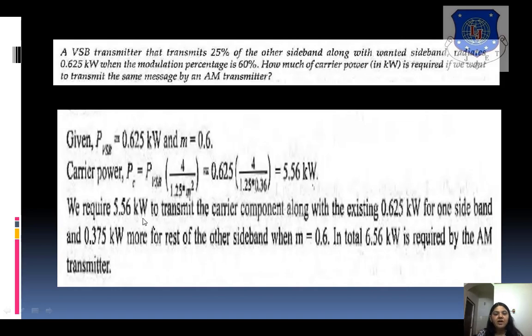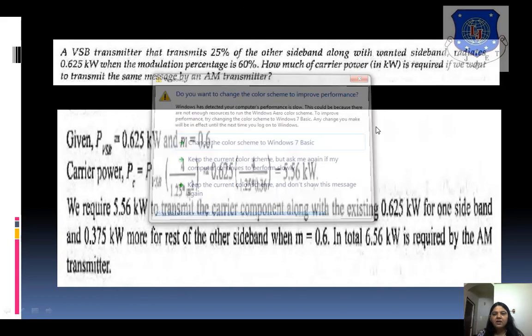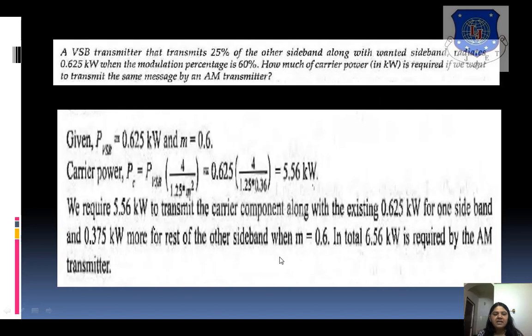So we require 5.56 kilowatt to transmit the carrier component along with the existing 0.625 kilowatt for one sideband and 0.375 kilowatt for the rest of the sideband. So when m is equal to 0.6, in total 6.56 kilowatt is required by an AM transmitter.